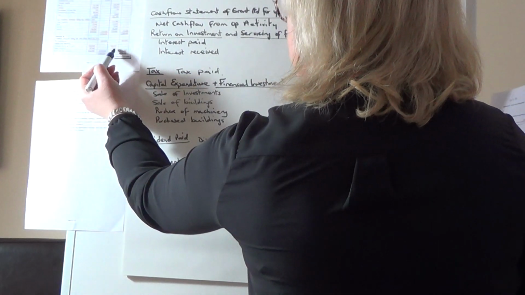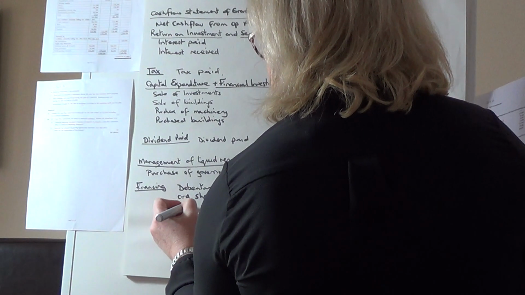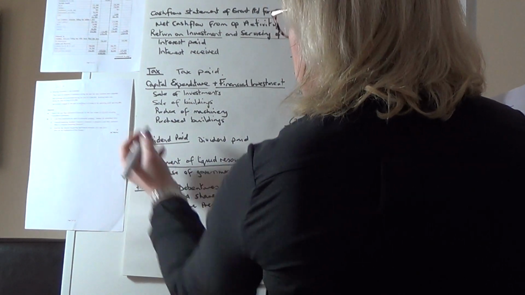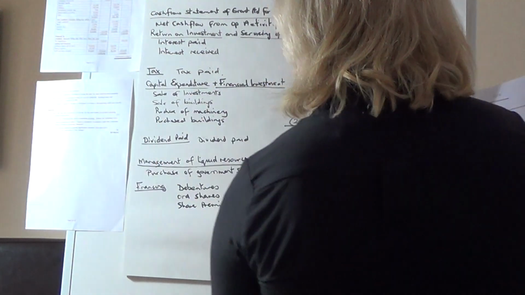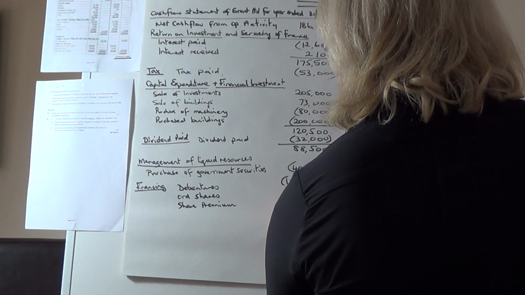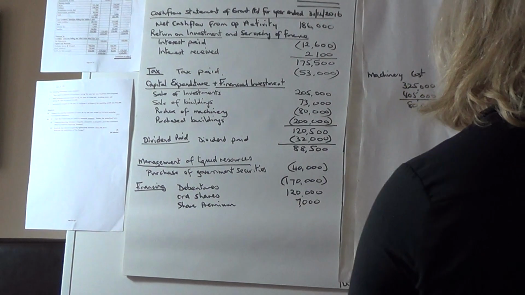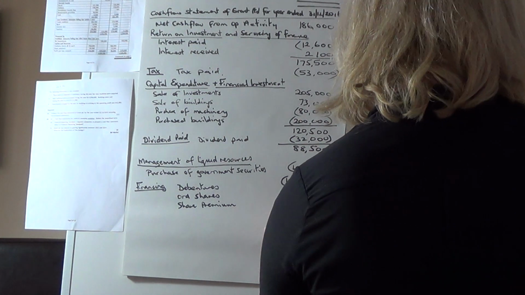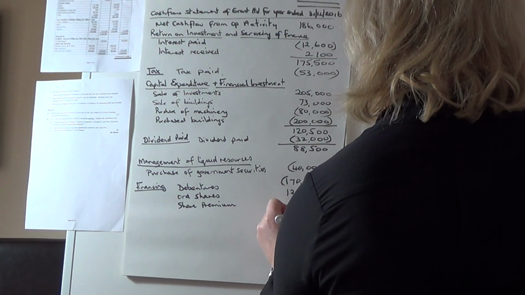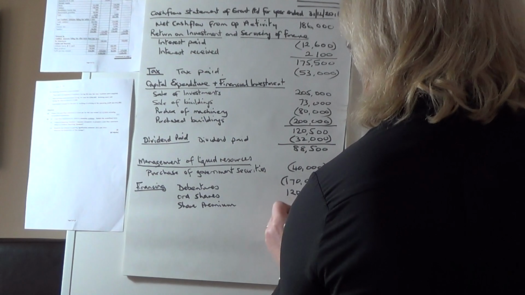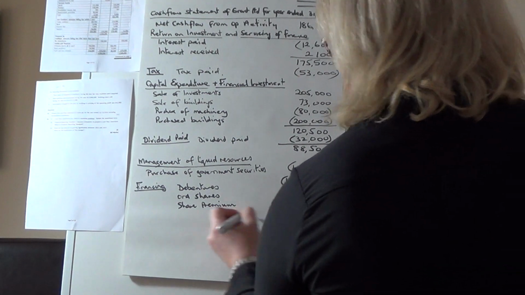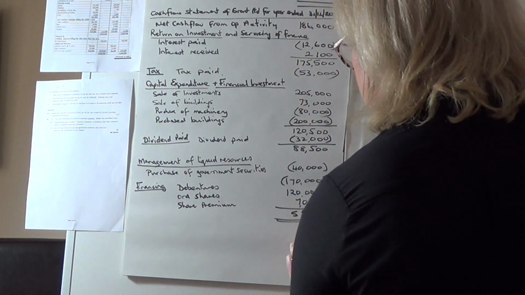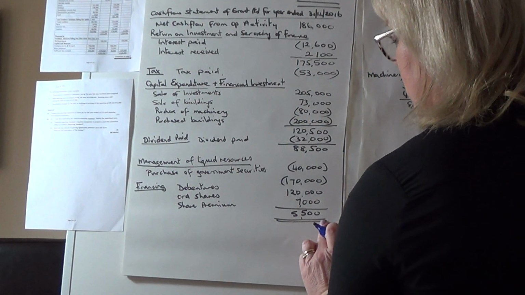And we look at the share premium. And that has moved from 13 to 20, so that's a plus 7,000 there. And we can retotal then again at that. So that then is our overall increase in cash is 5,500.